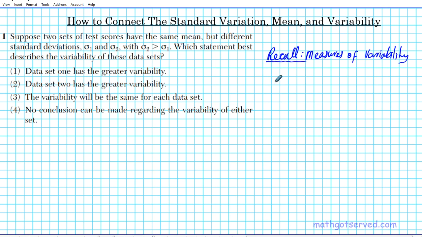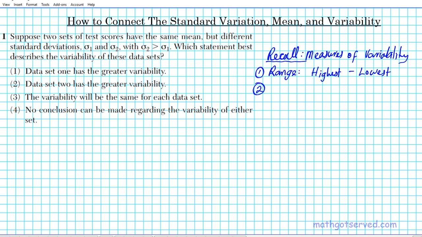The first one is the range. If you're thinking about a data set that's comprised of scores, for example, the range would basically be the highest score minus the lowest score. That's the range of the data set. So this is one measure of variability.